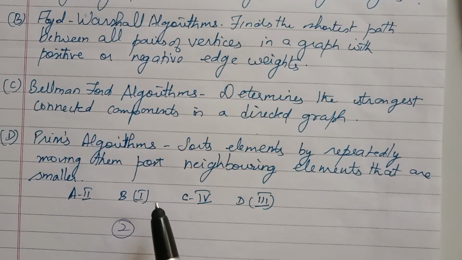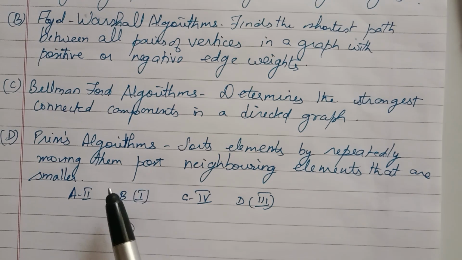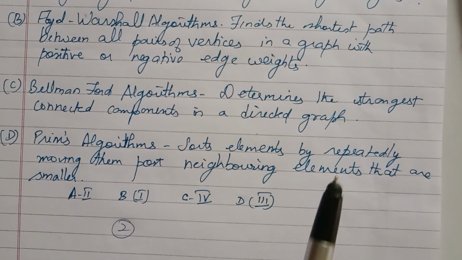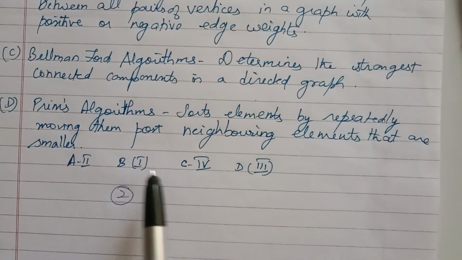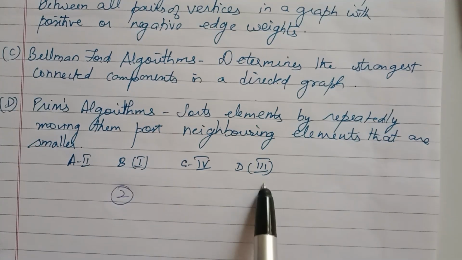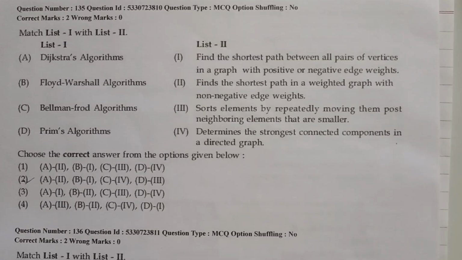Prim's algorithm first will choose the smallest vertex which has the link with the smallest weight. So D is 3. So the matches are A2, B1, C4 and D3. So the correct option for question number 135 is option number 2, that is A2, B1, C4 and D3.